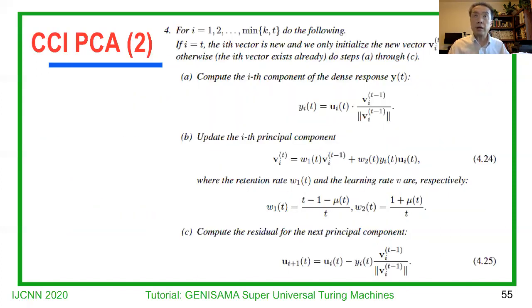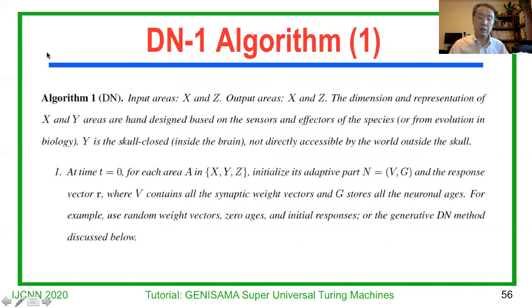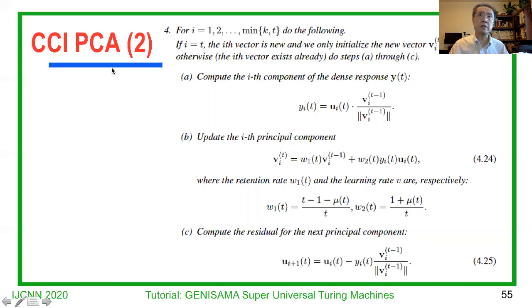Then for PCA, CCI, candid covariance-free incremental PCA, we subtract so that this becomes the residue. This subtracted residue is always orthogonal to all the Vs. So the next V will be used for the next PCA.